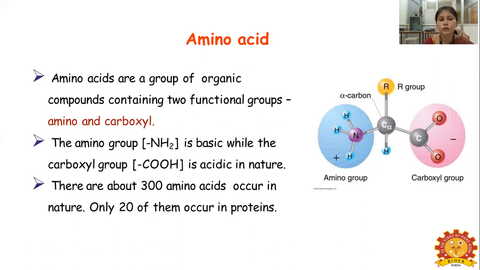The amino group, NH2, is basic, while the carboxyl group, COOH, is acidic in nature. In nature, we can find around 300 amino acids, but out of that, only 20 amino acids are utilized for protein synthesis.